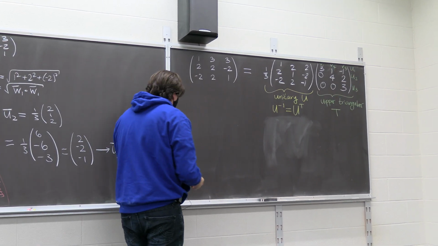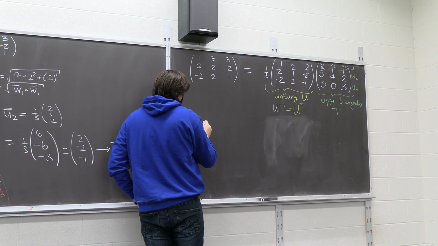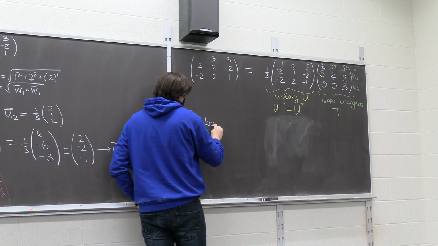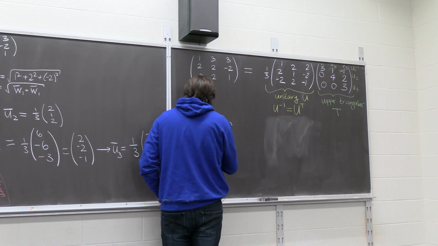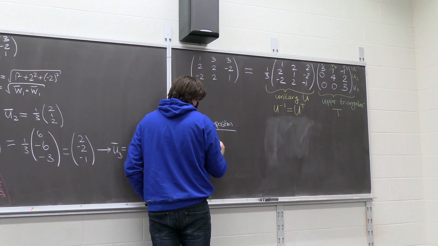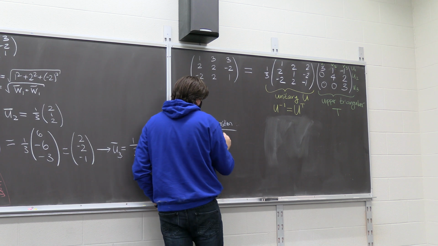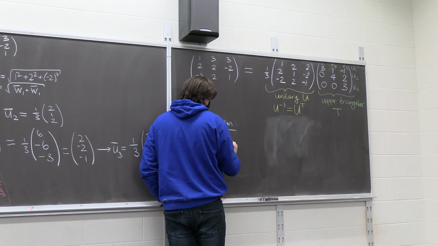So this is called the QR decomposition of a matrix. In particular, any matrix, let me give it some name, I think M is fine.